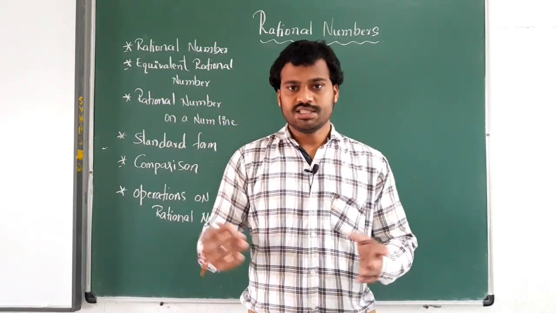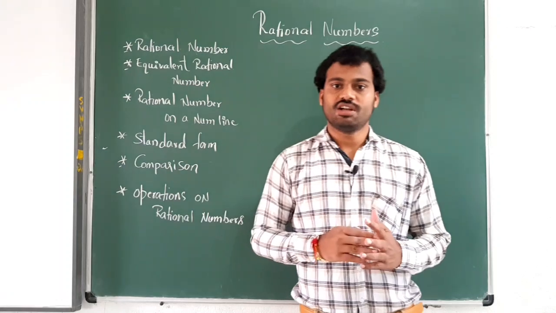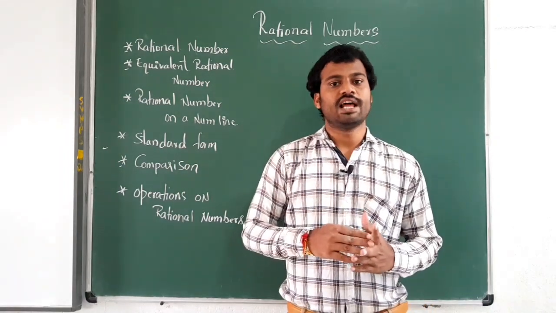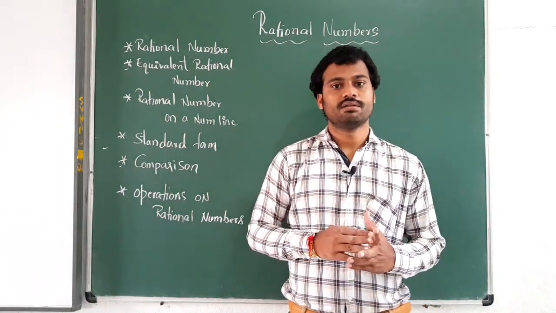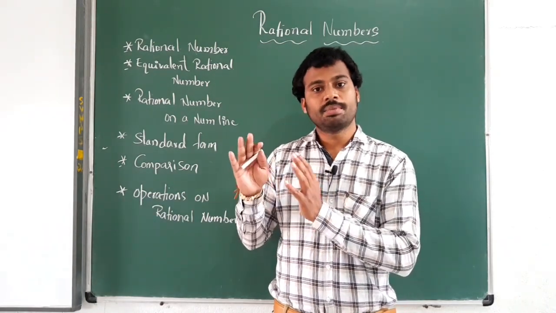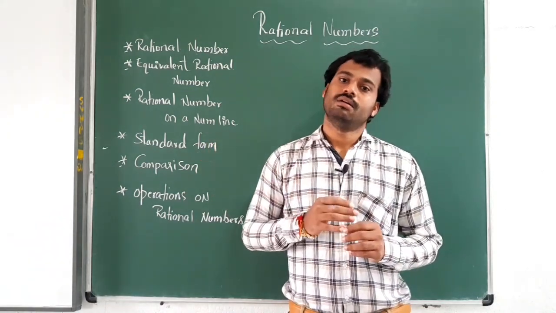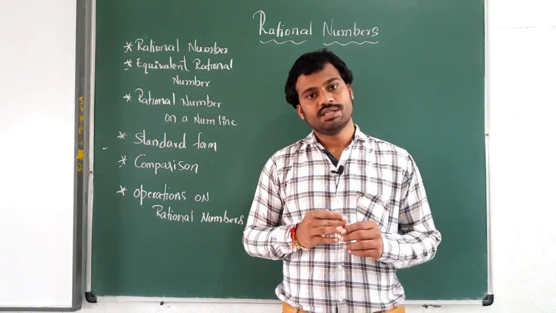In the last classes we already learned about natural numbers. What is the use of the natural number? To represent any present, positive things, we find out the natural numbers.